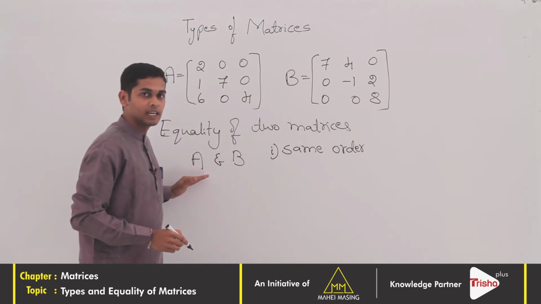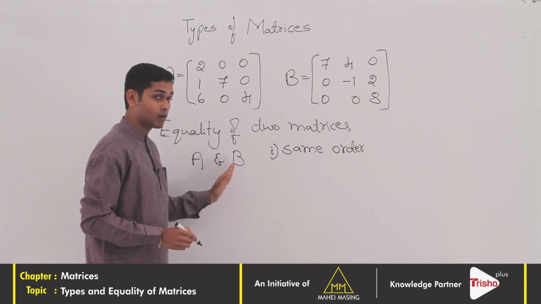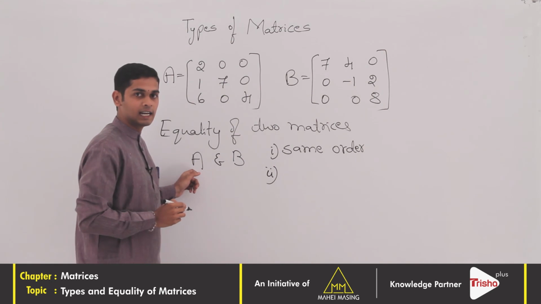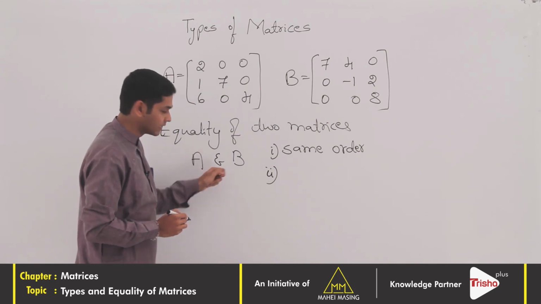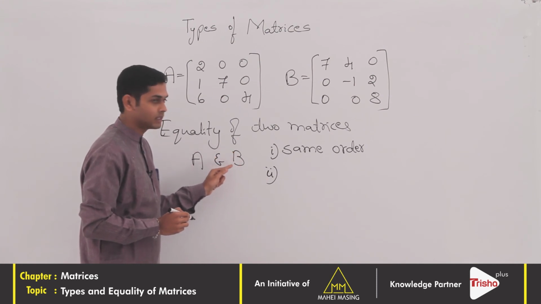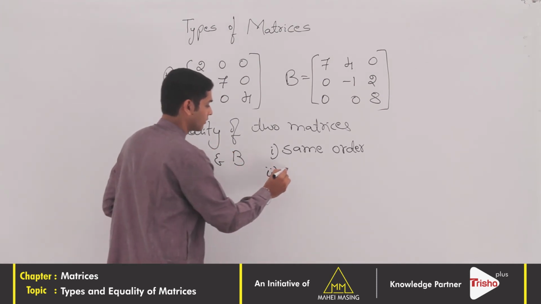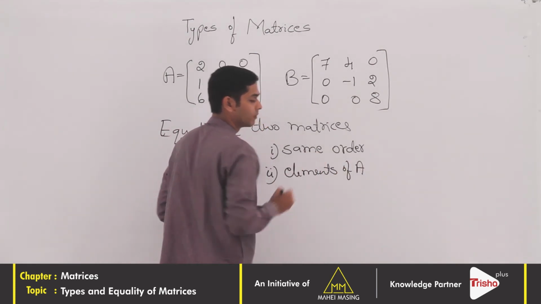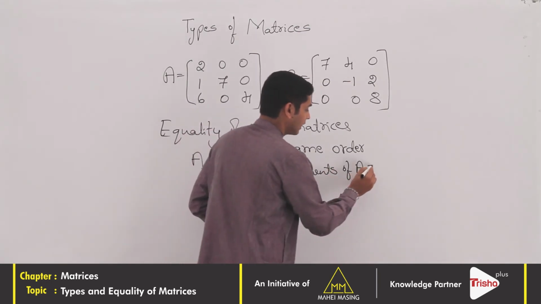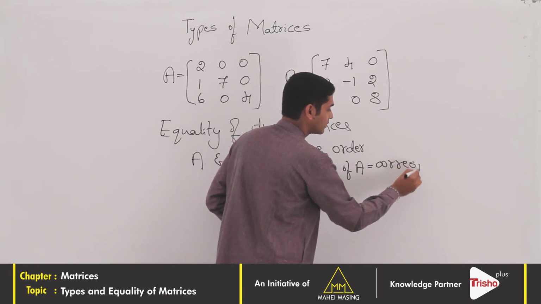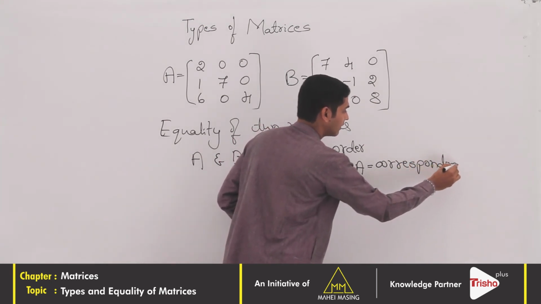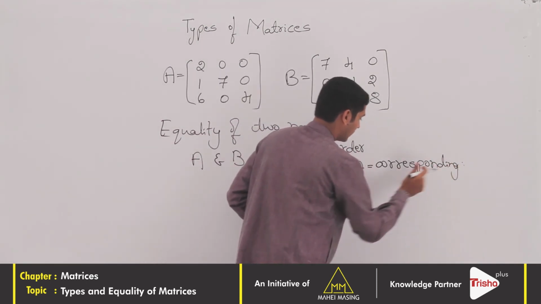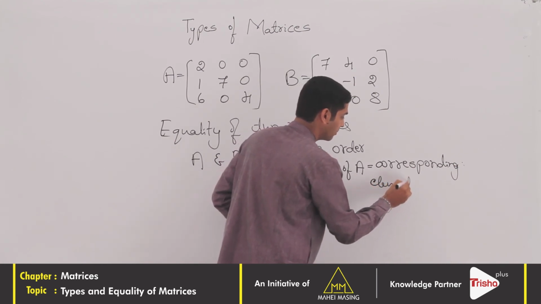Suppose the order of A is 3 cross 2, then the order of B should be 3 cross 2. Second condition, each element of A is equal to the corresponding element of B. Only then can we conclude that A and B are equal.